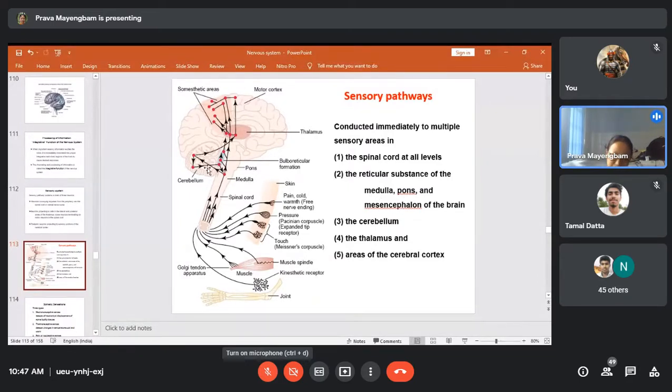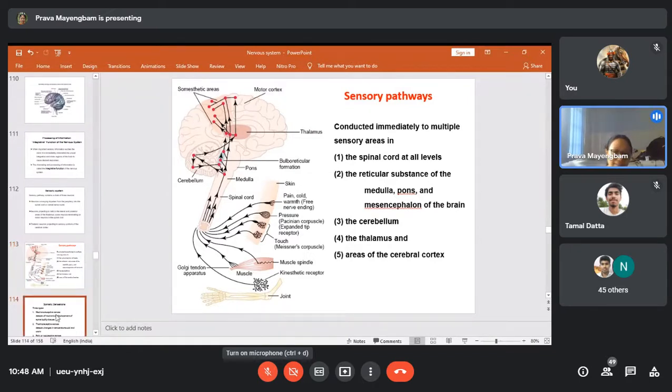Then they reach the cerebellum, then the thalamus, and finally the cerebral cortex. So the sensory pathway includes sensations from multiple areas reaching the spinal cord at different levels, then the medulla, pons, cerebellum, thalamus, and then a number of areas in the cerebral cortex.